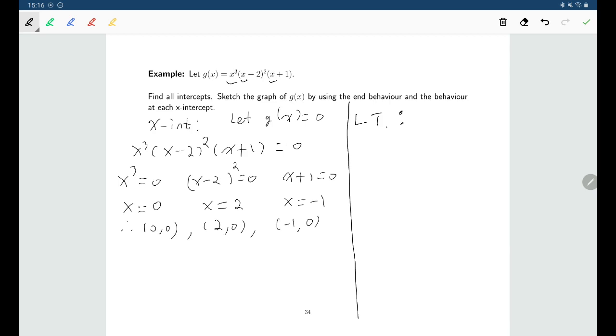So there's x, which is cubed. Then we have the x from x minus 2, which is squared. Then we have the x from x plus 1, not raised to any powers. That would be a leading term of x to the power of 6.